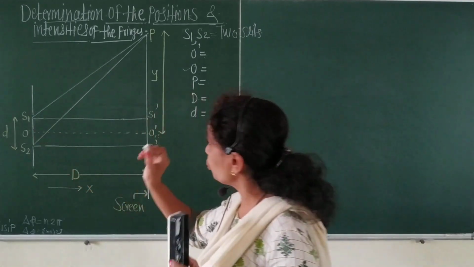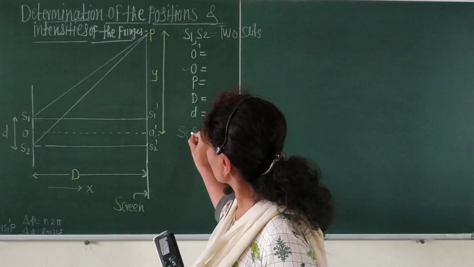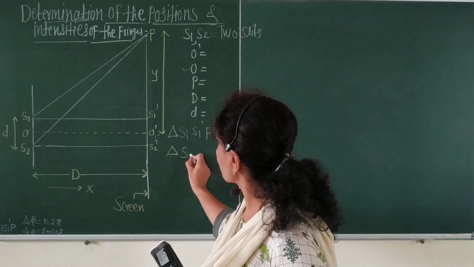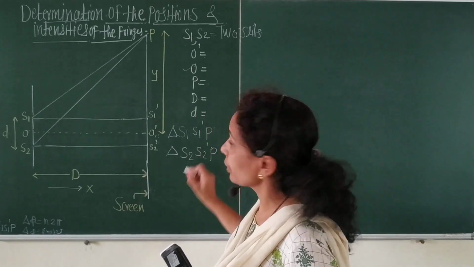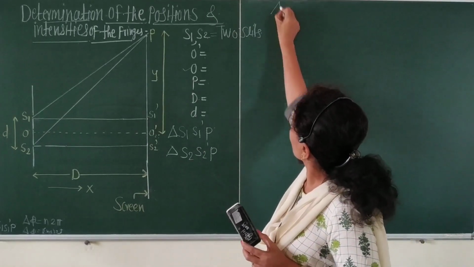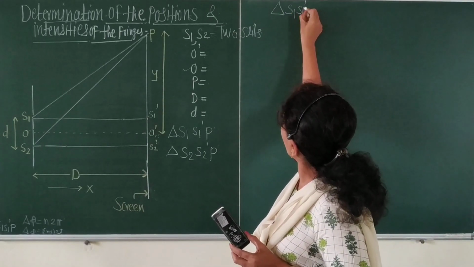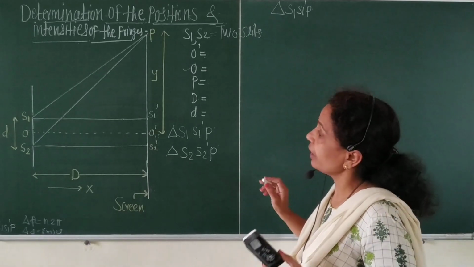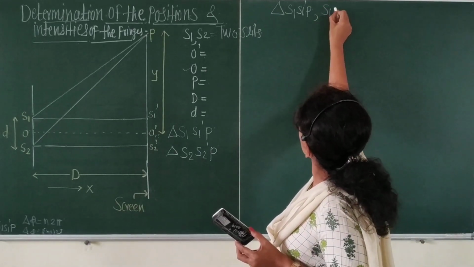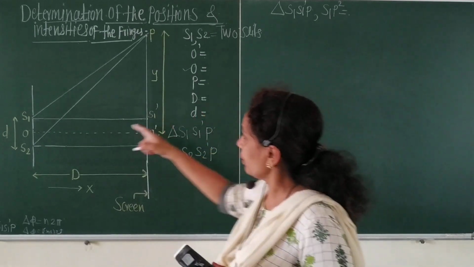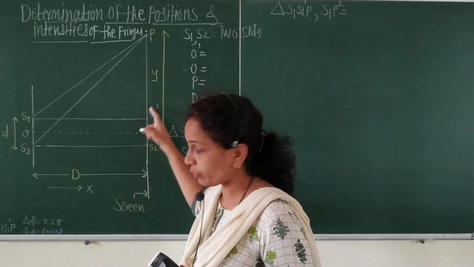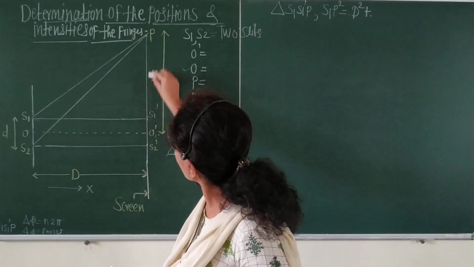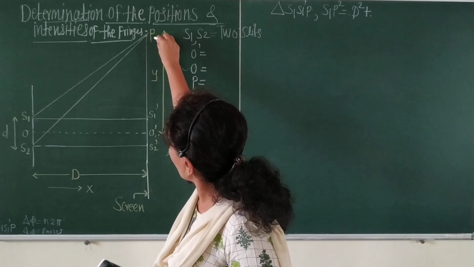Consider two triangles: S1, S1 dash, P and the second triangle S2, S2 dash, P. In the first triangle S1, S1 dash, P, what is S1P square? S1P square is equal to S1S1 dash square, that is capital D square, plus S1 dash P square.